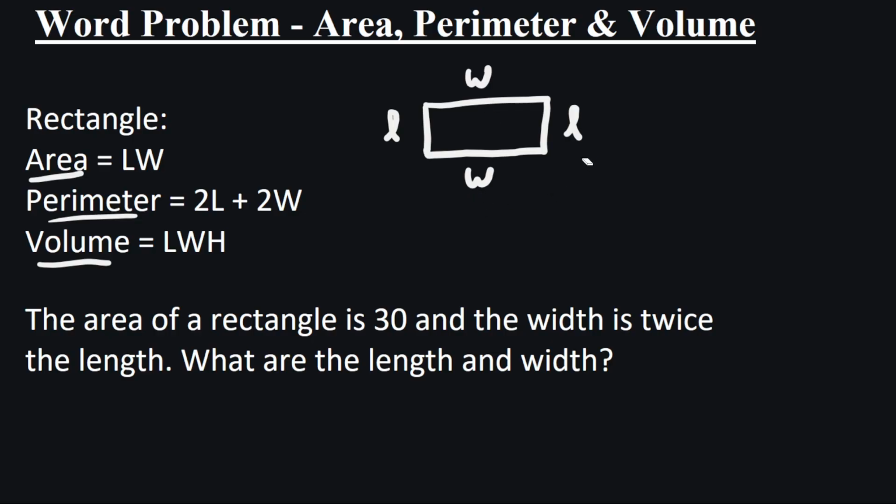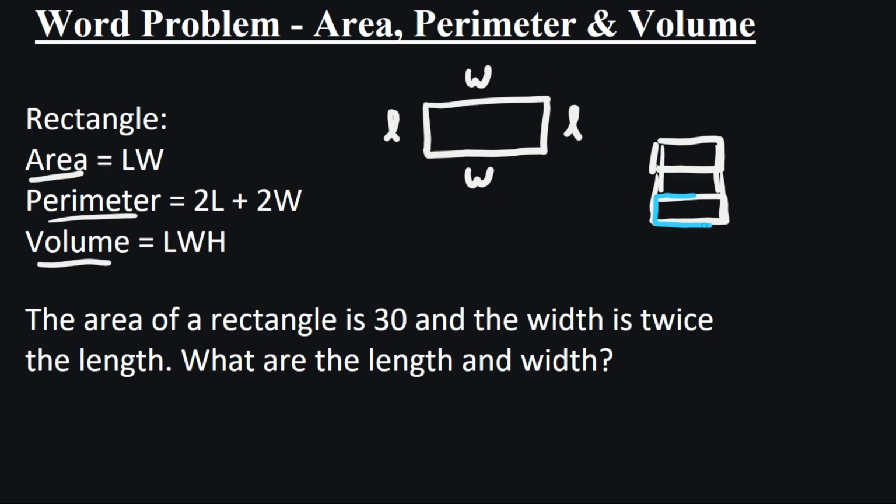And the volume actually applies to 3D shapes. So let's draw a sort of 3D version of a rectangle, a rectangular prism. Let's try to draw one as best as we can. On the base, you have a rectangle as well, as you can see down here.